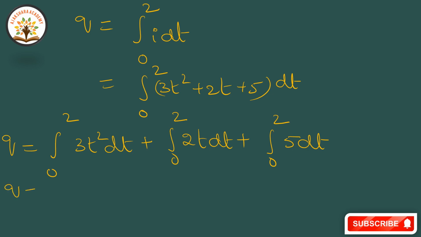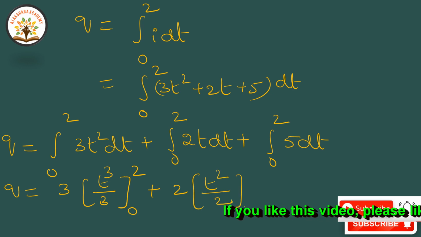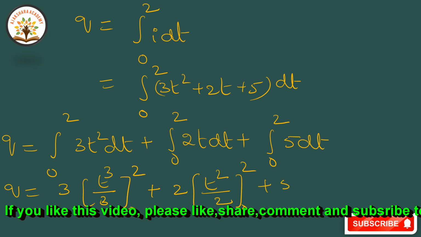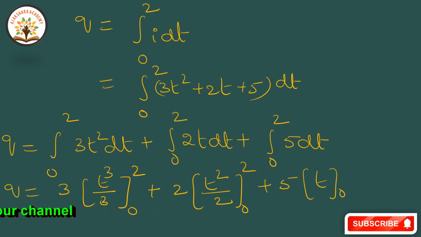So q is equal to 3 is a constant, integration of t square is t cube by 3, x power n plus 1 by n plus 1. So applying the limits, integration of t square is t cube by 3 from 0 to 2, plus 2 is a constant and integration of t dt is t square by 2, limits 0 to 2, plus 5 is a constant, integration of dt is t, limits 0 to 2.